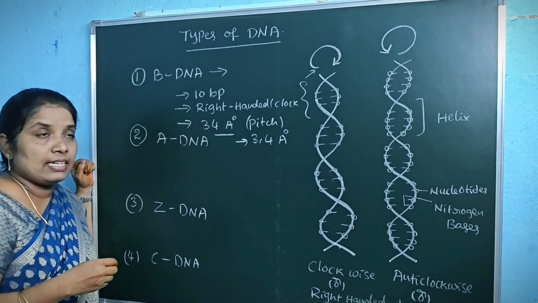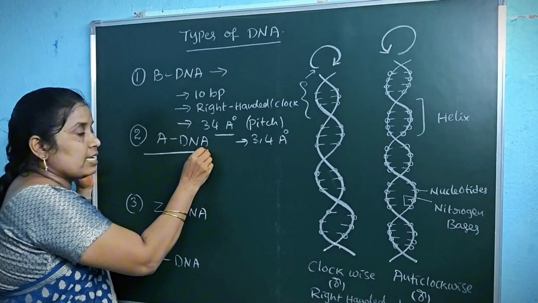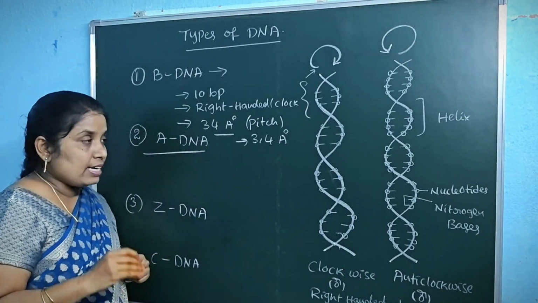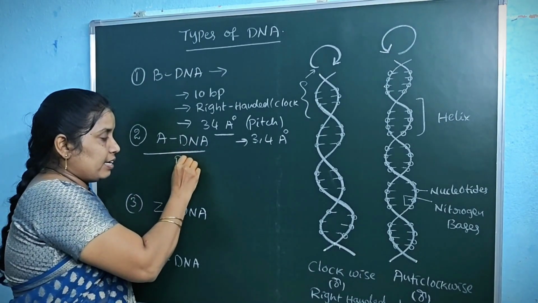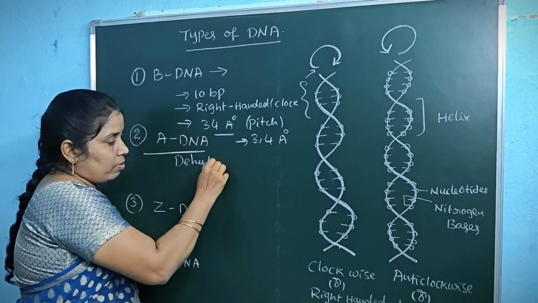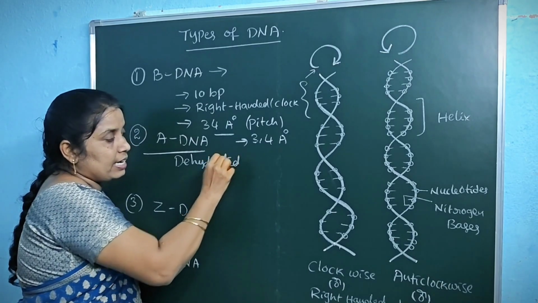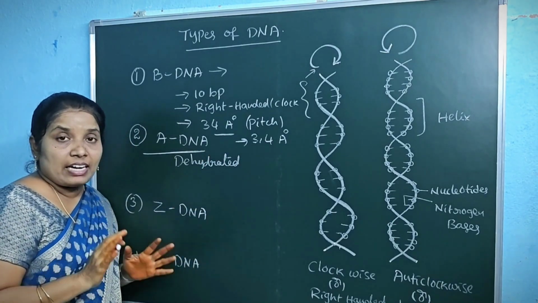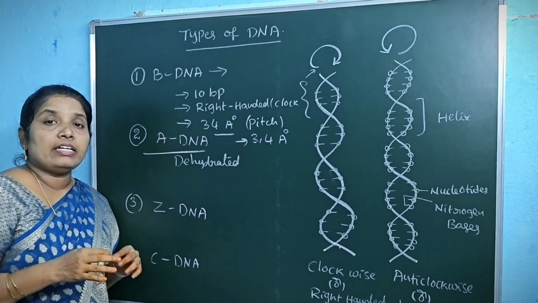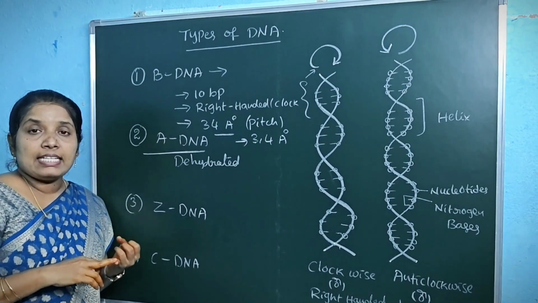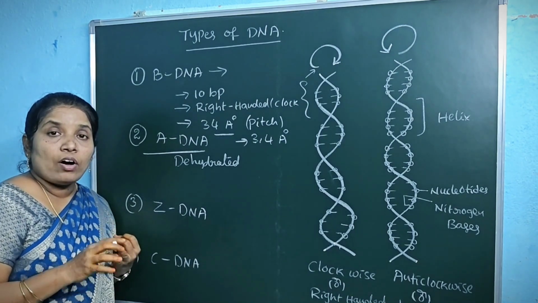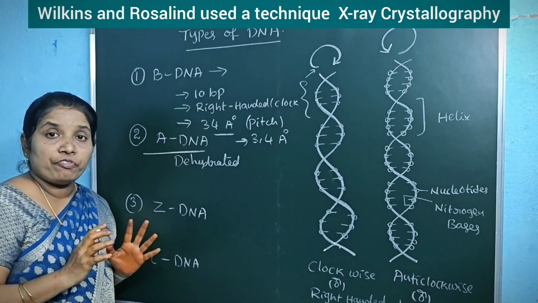So, let's see the second type of DNA, that is aDNA. aDNA is nothing but dehydrated DNA, that means dry DNA. We studied in the previous video that Wilkins and Rosalind Franklin got pure forms of DNA in the form of photographs.